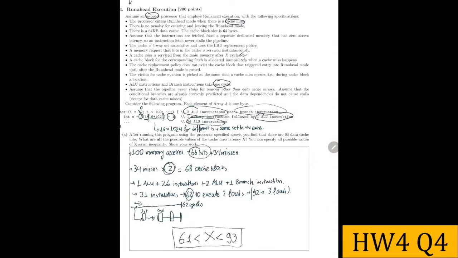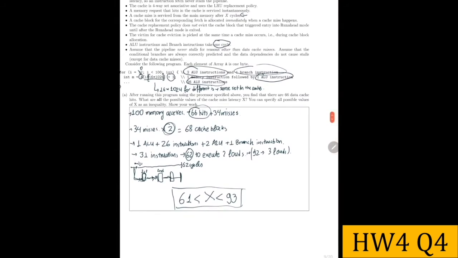I will repeat. If the miss lasts 62 cycles, then Runahead will have time to go in, fetch the first prefetched block. It will execute 31 instructions to reach the second memory miss, and then another 31, and it will exit Runahead mode.